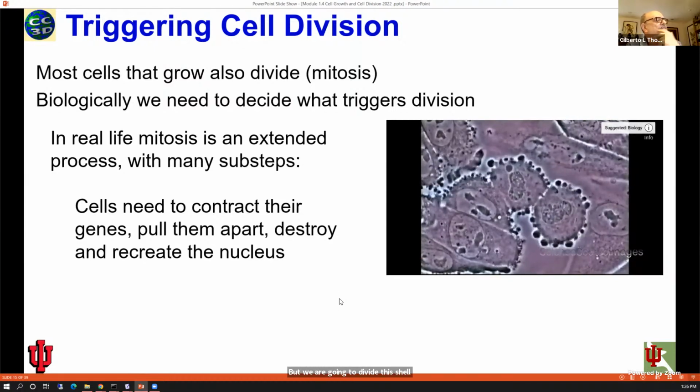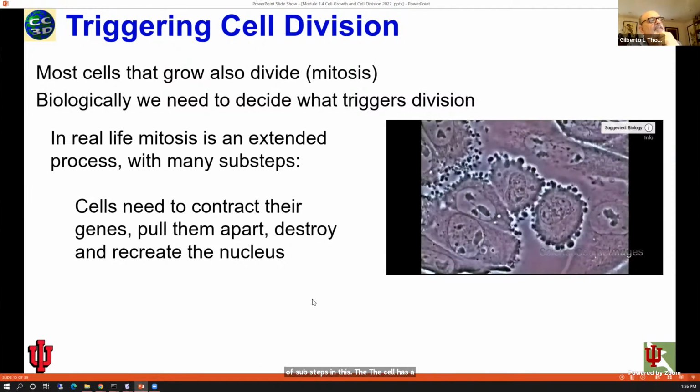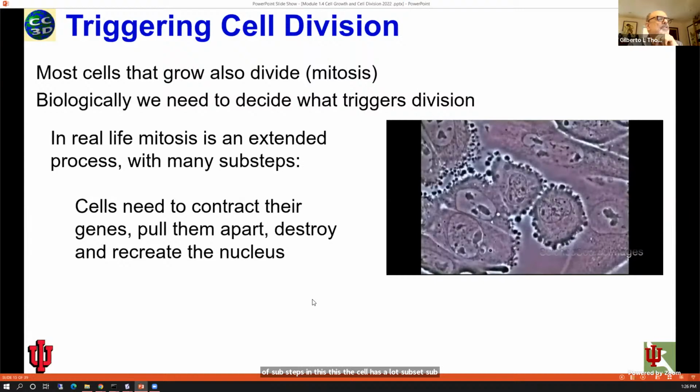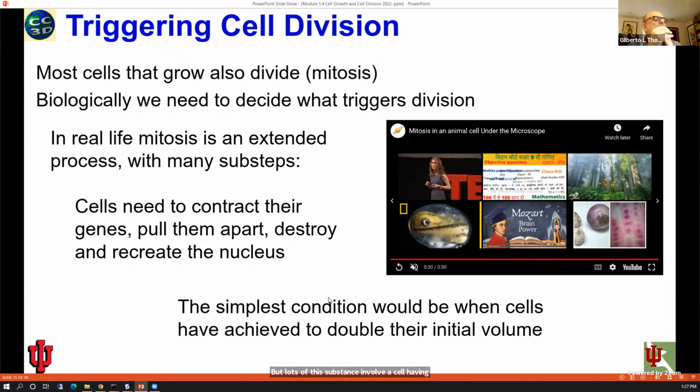The cell has a lot of substeps to produce these two daughter cells, but a lot of the substeps involve structures, which we don't have so far. So we are going to try to model a very simple cell with no structure.